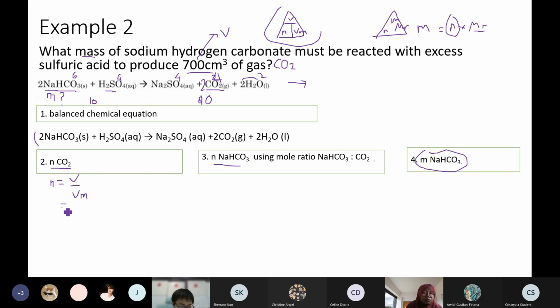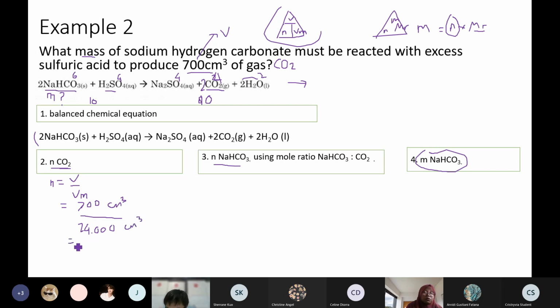What is the volume? 700 centimeter cubes, because the unit of the volume is centimeter cubes. So the molar volume is 24,000 centimeter cubes.